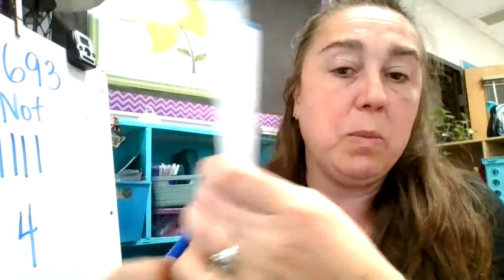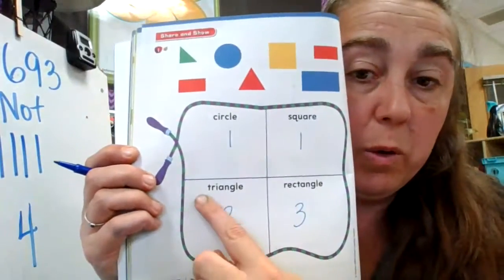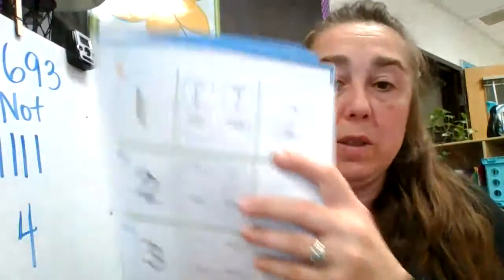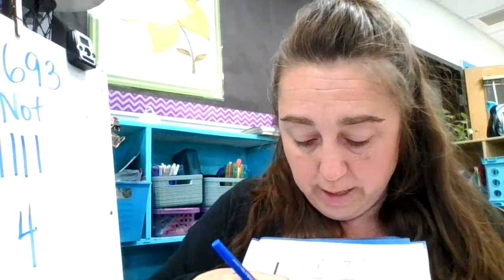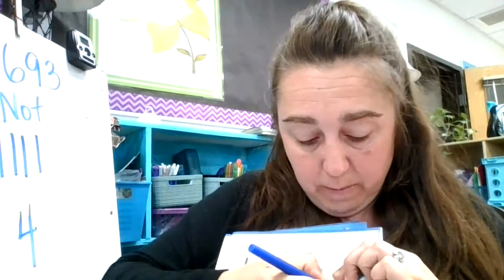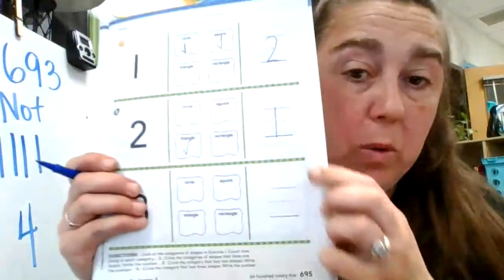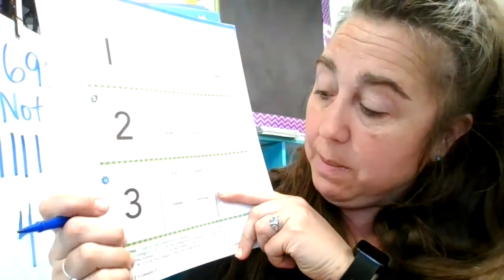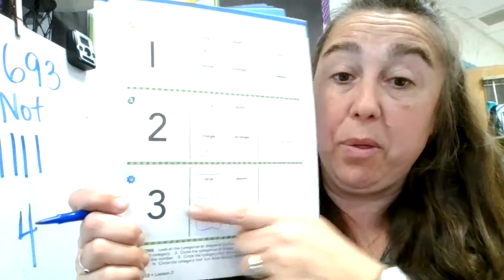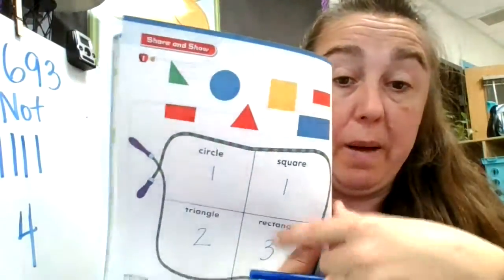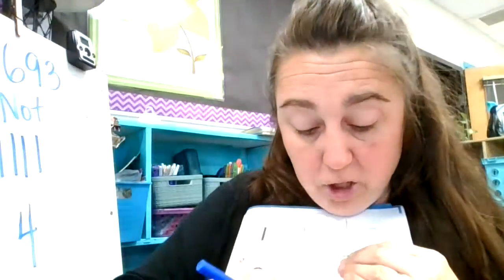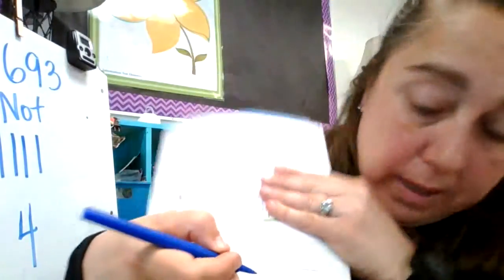How many shapes were there 2 of? Well, those were the triangles. So we're going to put a check in the triangle box, and we're going to say there was one group of 2 triangles. Cool. Last one is which group had 3? Well, we know there was only one, and that was the rectangles. So I'm going to put a check in rectangles. Do you see rectangles down here?